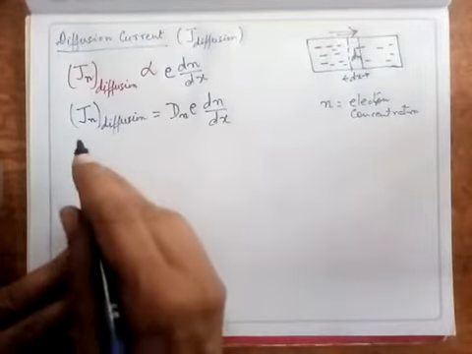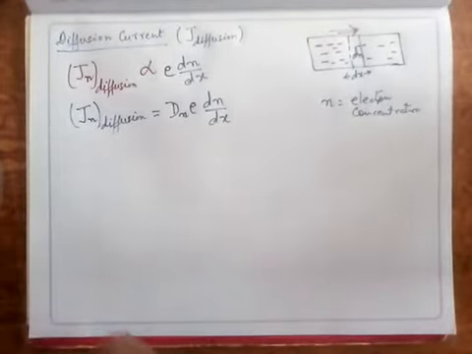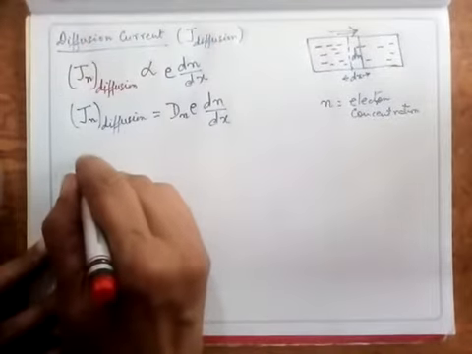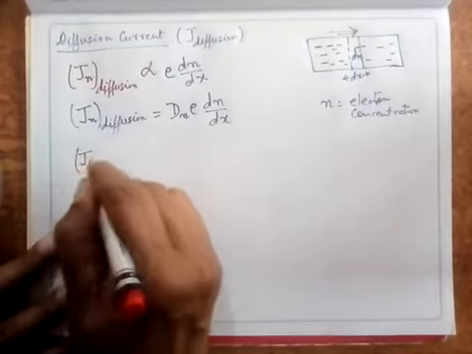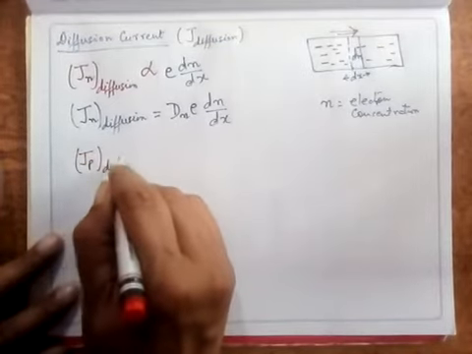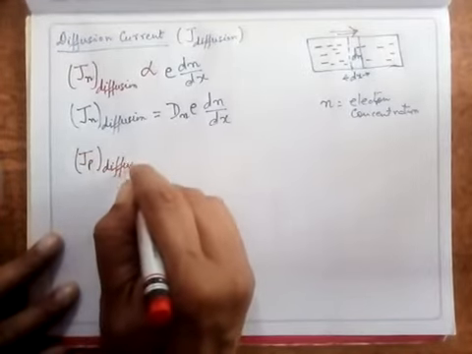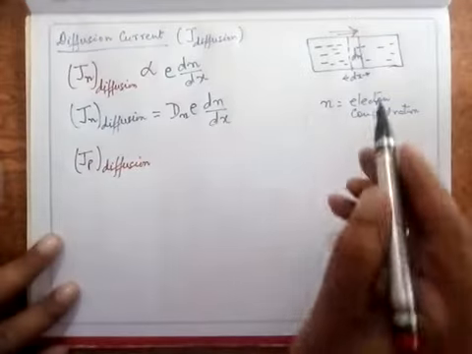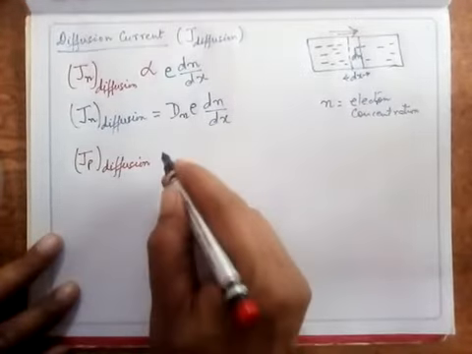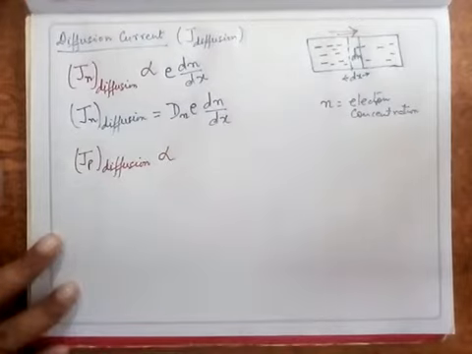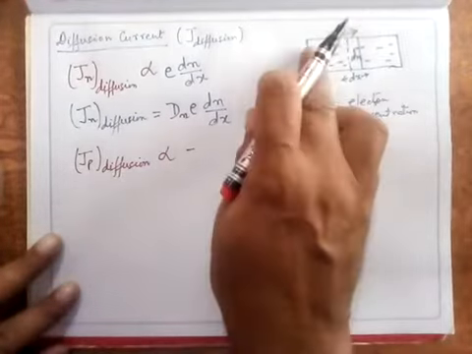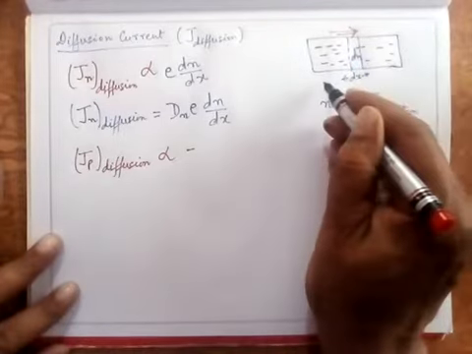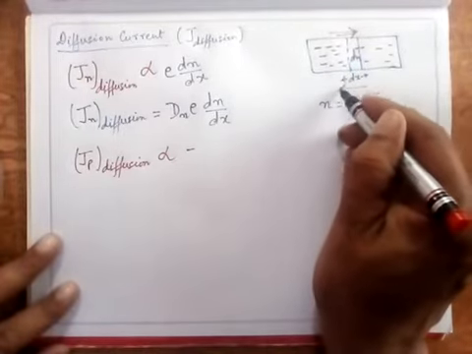Similarly, I can say that the diffusion current density due to holes, Jp, I represent this by p. That is the diffusion current due to holes. Of course, this will be proportional to minus of, if electrons are flowing in this direction, apparently the holes will flow in this direction.